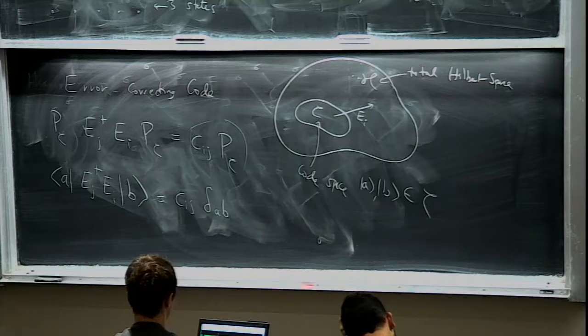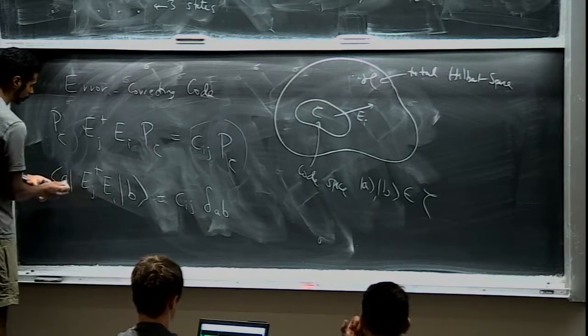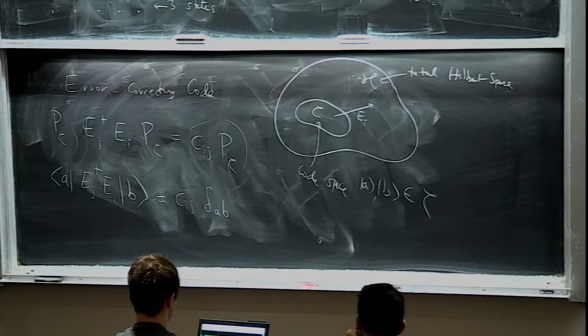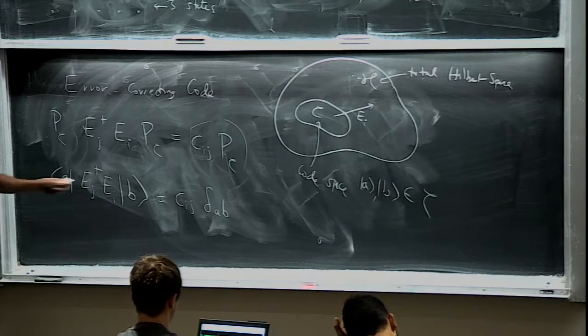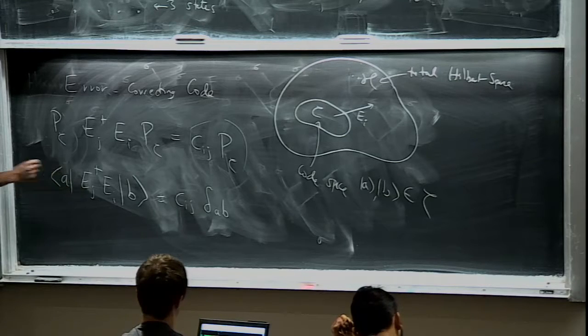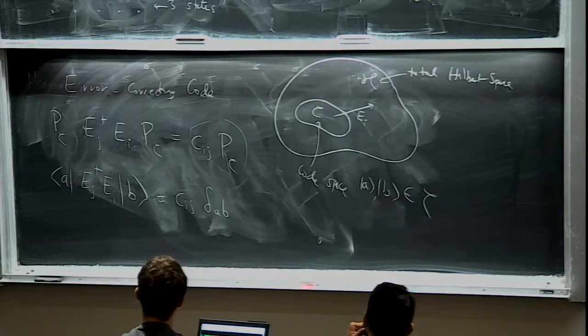Okay, in particular, what this means is that you aren't going to get from one thing in your code subspace to another. Okay, so you're not going to have an error occur and misdiagnose that a different error occurred starting from a different error in your subspace. Okay, so if an error occurs, you can always get back to the right state.